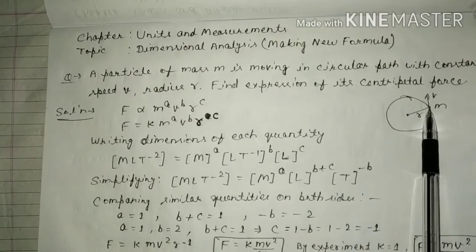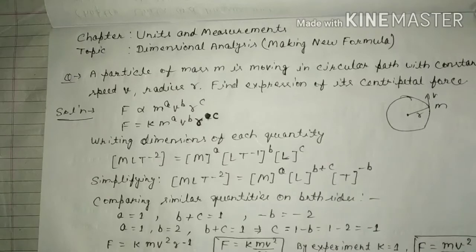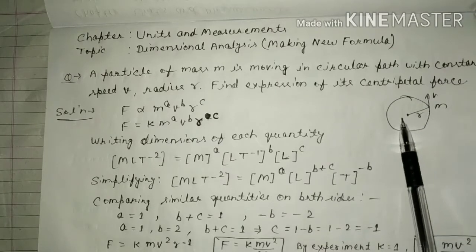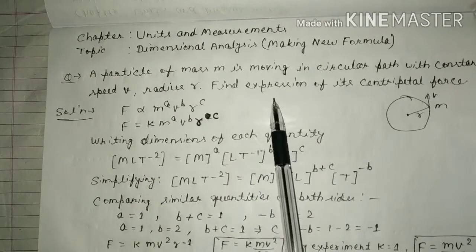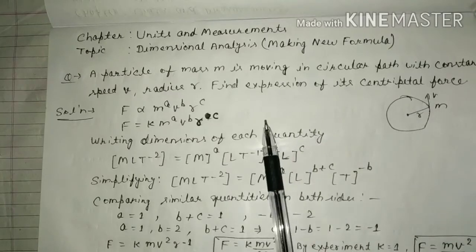Let the particle have mass m and be moving in a circular path with speed v and radius r, and we want to find the expression, the formula, for its centripetal force.